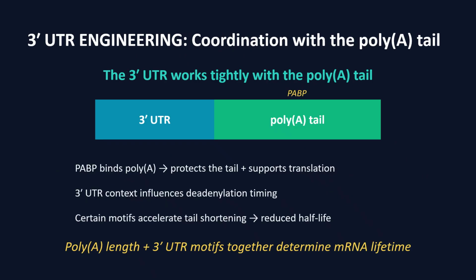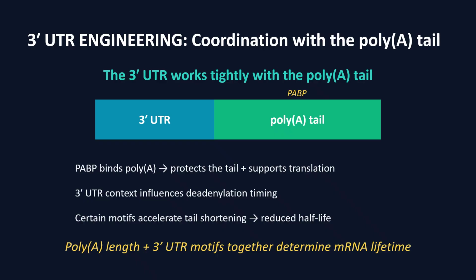And this 3' UTR works as a unit with the poly A tail. PABP binds the poly A tail and helps protect it. And it also supports the translation by stabilizing the mRNA. But the 3' UTR influences when deadenylation starts and how fast it progresses.